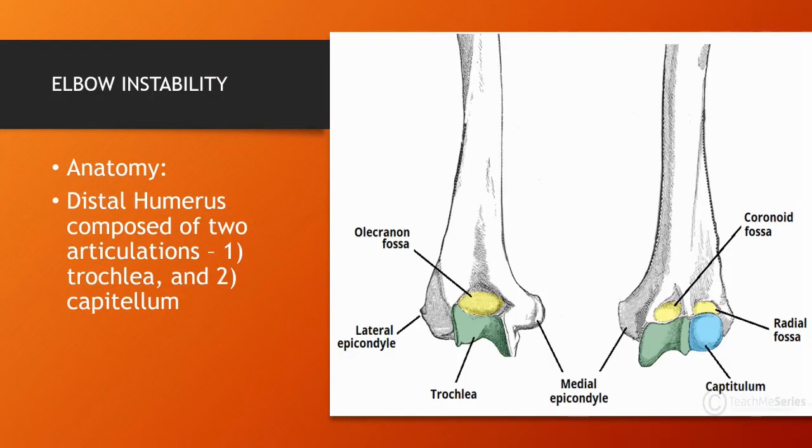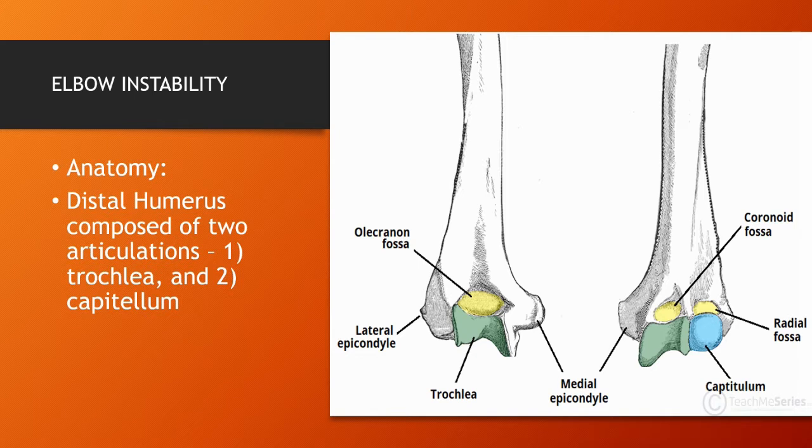Okay, so let's begin with some anatomic review of the structures that go into making up the elbow. The purpose of this anatomy review is to demonstrate to you the contributors to medial, lateral, and rotatory stability in the elbow.